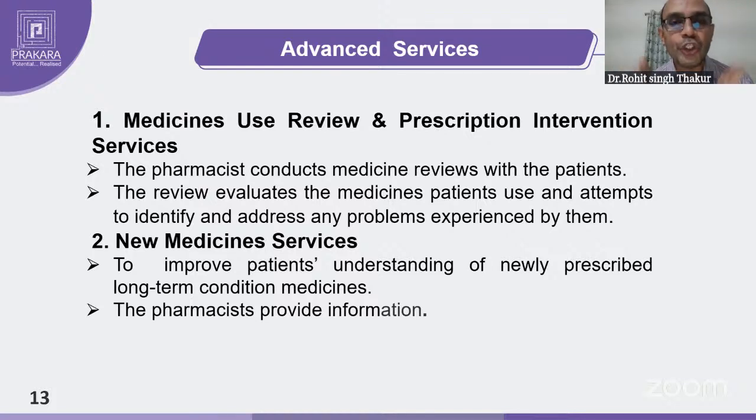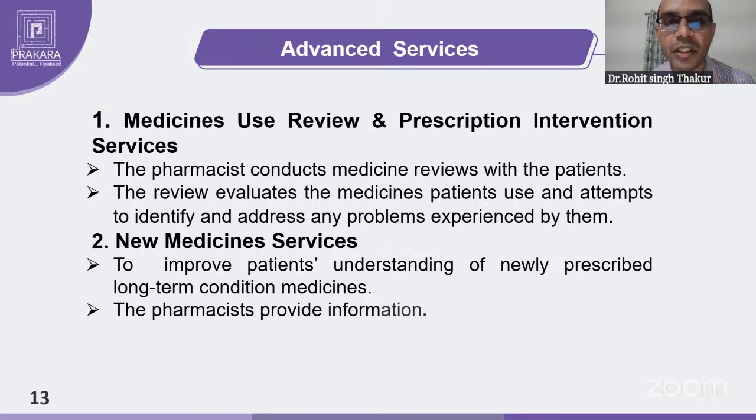Now, here, as a responsible pharmacist, you conduct the reviews related to drugs with the patient. You try to review the product of that particular generic name, where your review will evaluate the use of the drug by a patient, which helps the patient, the pharmacist, and also the third party to identify and address the problems experienced by a patient.